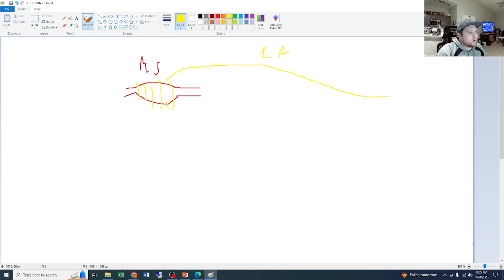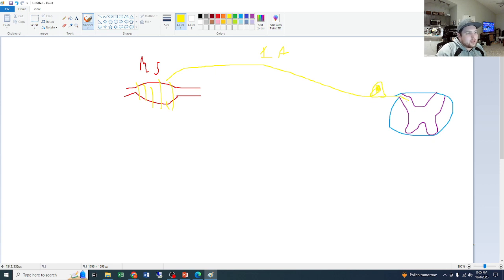So our type 1A afferent fiber is going to send that signal all the way over to our spinal cord. Specifically, it's going to go in our dorsal horn. Here's our dorsal root ganglia right here.